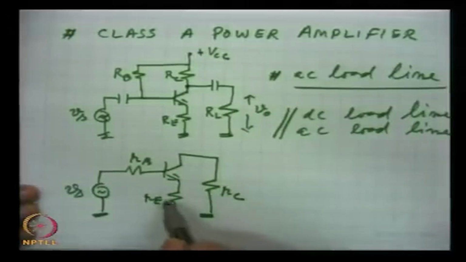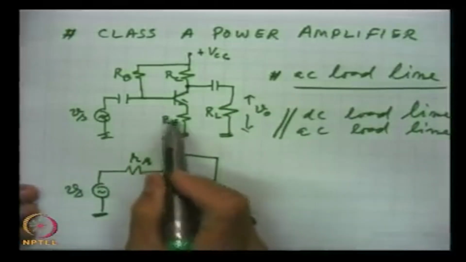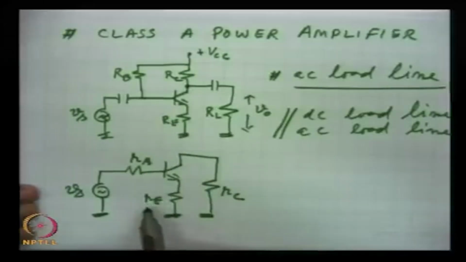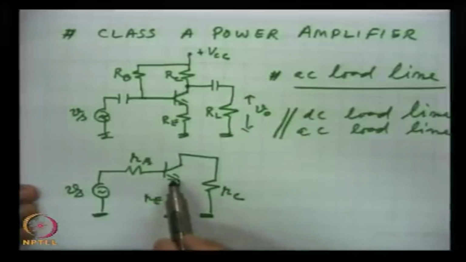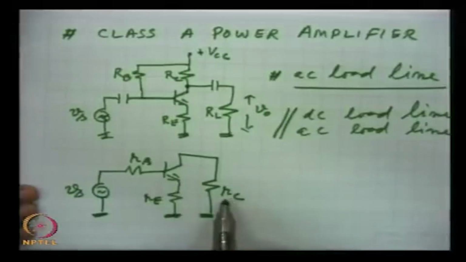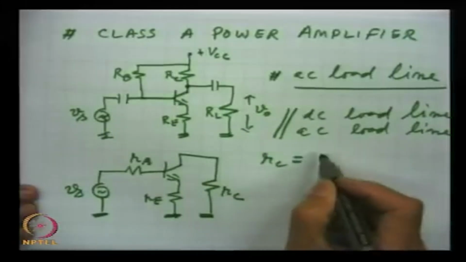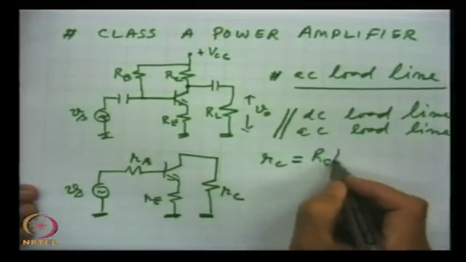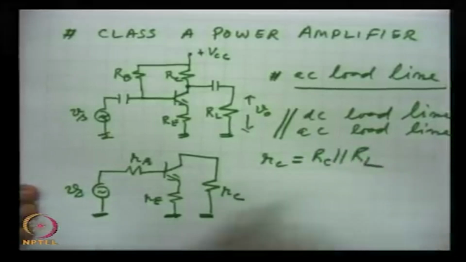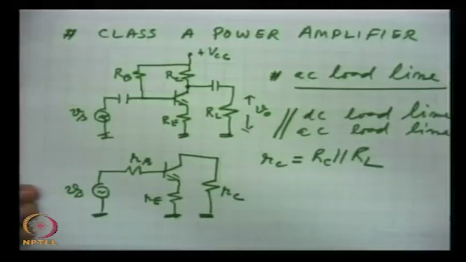Here, I have written this RE as the effective AC impedance seen by the emitter. Similarly, the RC here will actually be RC in parallel with RL, the effective value of AC impedance seen at the collector.